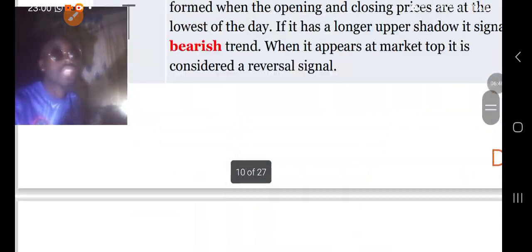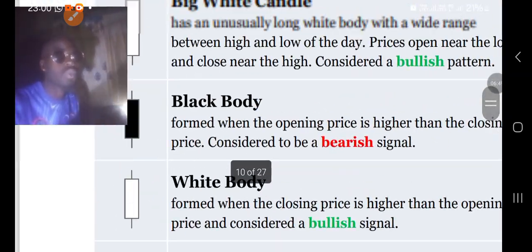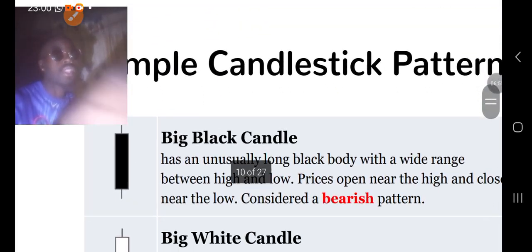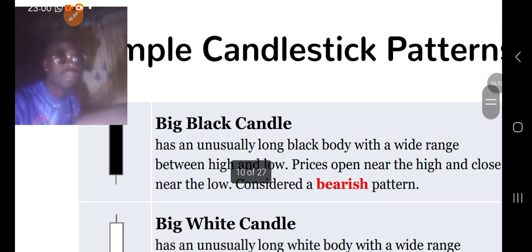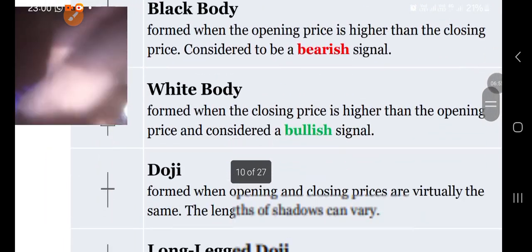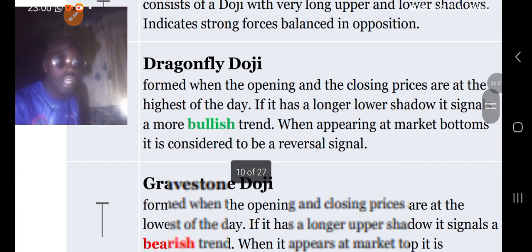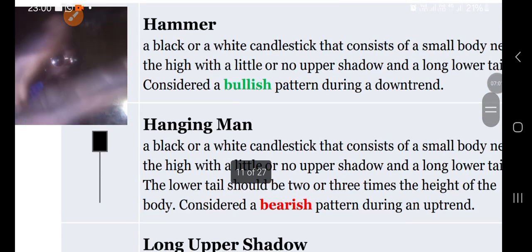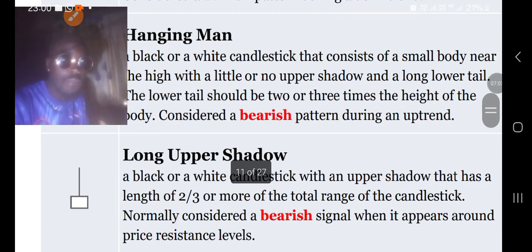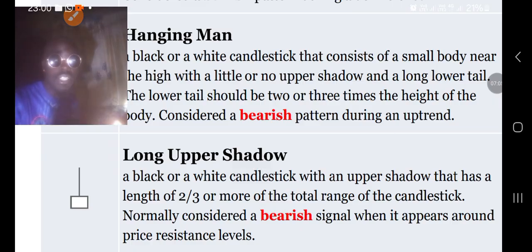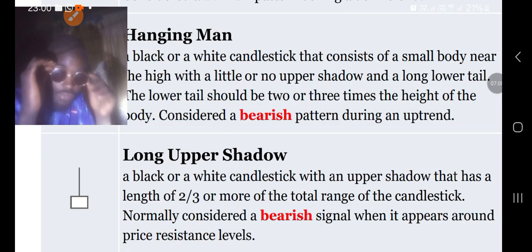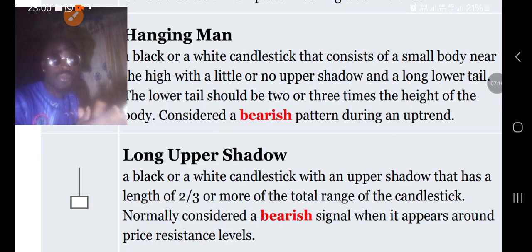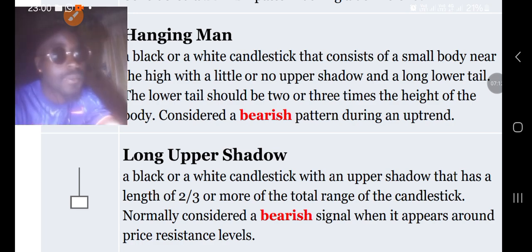Make sure you understand the key ones we have just talked about: the big black candle, the big white candle, the doji, long-legged, dragonfly, gravestone doji, hammer, hanging man. Just have those notes with you, guys, and remember to trade wisely every time. This is Mr. Risk every time. All right, guys.